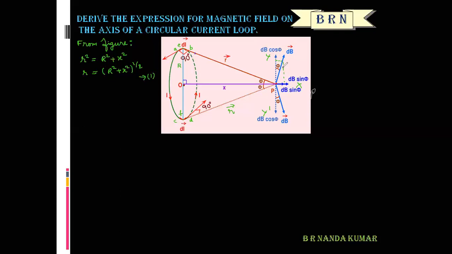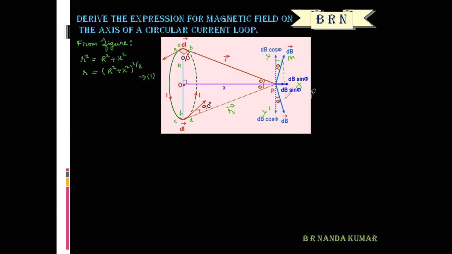Again, this angle is phi, this is the perpendicular, and the perpendicular component is dB sin phi. So the dB vector along PM splits into two rectangular components: dB cos phi along PY and dB sin phi along PX direction.